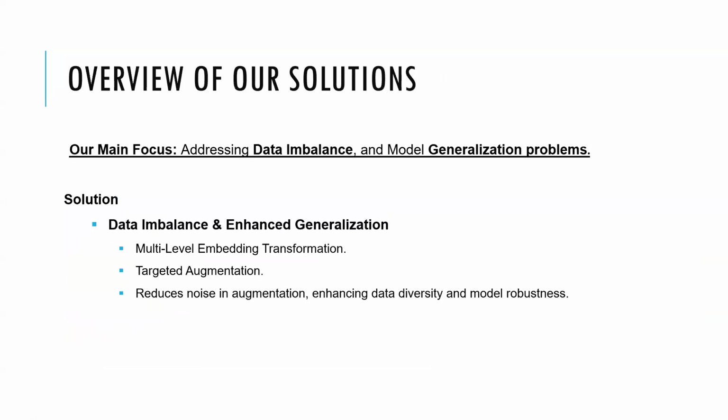To do that, we are introducing a mechanism in our architecture that performs a multi-level embedding transformation and, at the same time, targeted augmentation. By doing these two, it also automatically reduces the effect of noise or bad data inside our data when we are augmenting and increasing the size of our data.